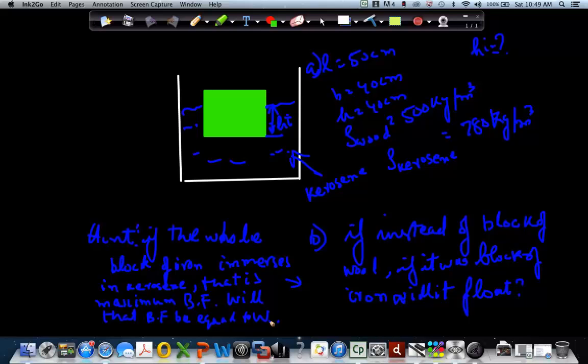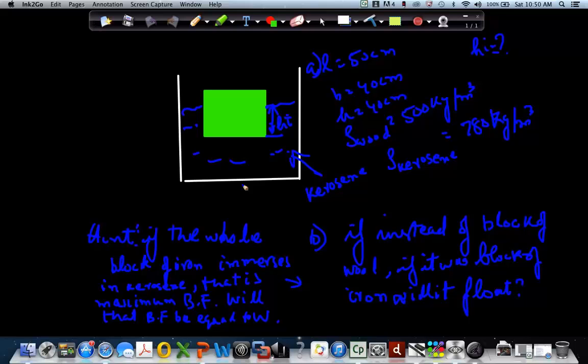Because the weight is more than the buoyant force. But if the buoyant force is at least equal to the weight, then it will still float. Of course, it will float with the whole body inside the liquid. But if the buoyant force is less than the weight, then the body will simply fall down and settle at the bottom of the vessel. So what will happen if it is iron is something you want to check.